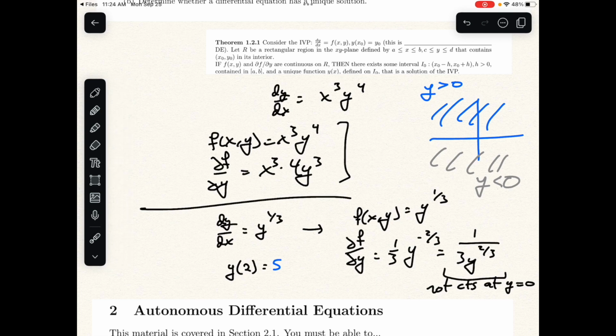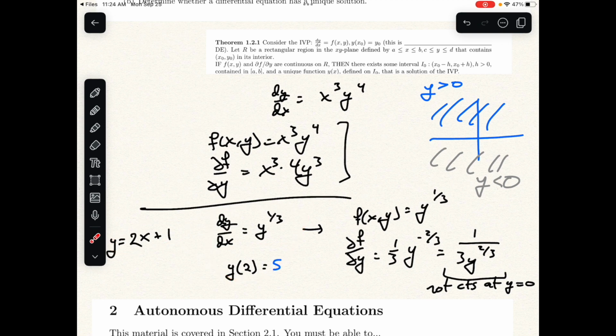Just as a non-example, let's say that you went through the process of solving this differential equation, and then you got y equals 2x plus 1. Maybe that's what you think the solution is.